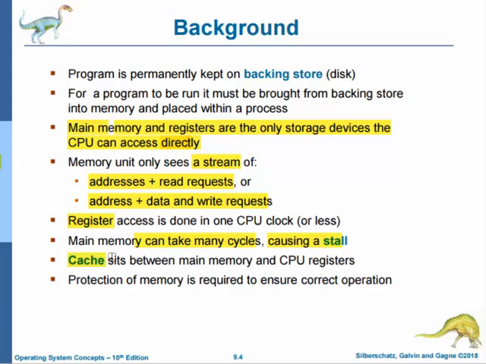The cache sits between the main memory and the CPU registers, which we will describe later. We already described this before: a cache is built into the CPU, a hardware that automatically speeds up memory access without any operating system control.